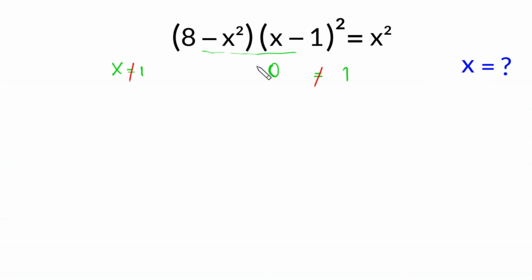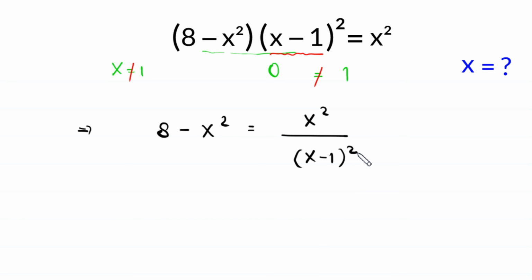So we can divide both sides by (x minus 1) whole squared. This implies that 8 minus x squared equal to x squared divided by (x minus 1) whole squared.